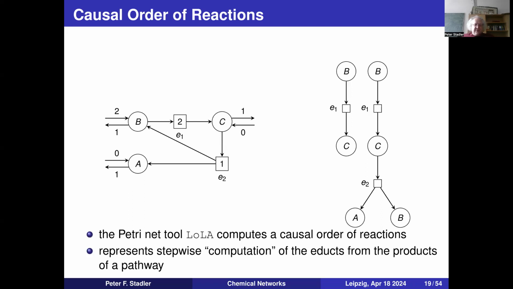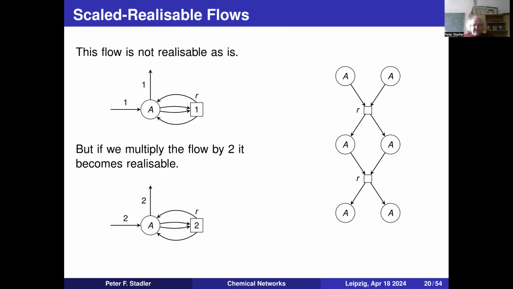So Cecil used this network tool Lola to actually compute these causal orders, and one can use these also to represent the kind of stepwise computation of the products from the educts along a certain reaction pathway. So I'm just giving you here a couple of examples.